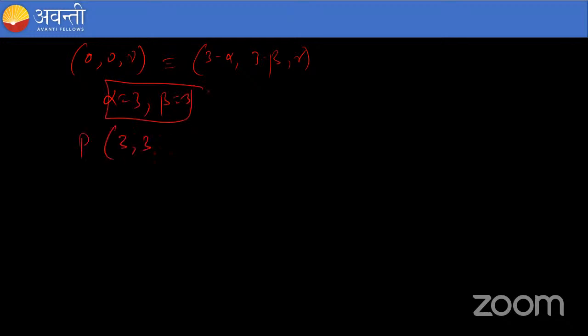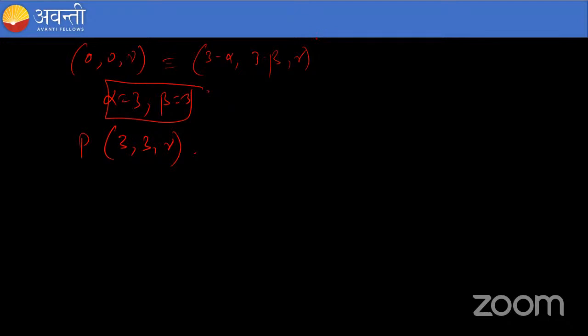So this will imply that 3 minus alpha, 3 minus beta and gamma are equivalent to 0, 0, gamma. So alpha value will be 3 and beta value will be 3. So the point P will become 3, 3, gamma, right?